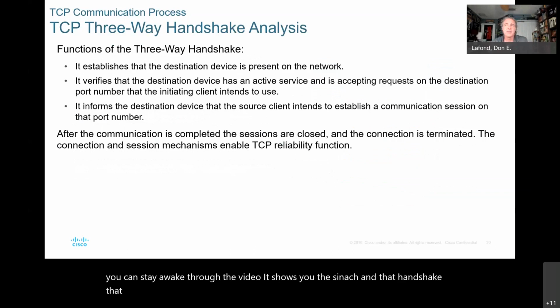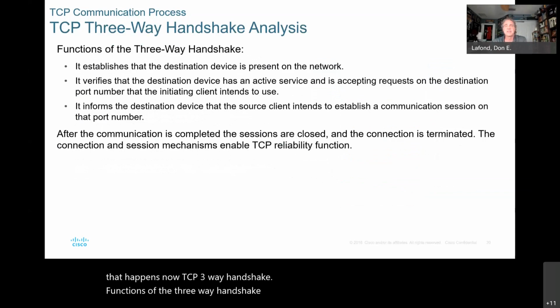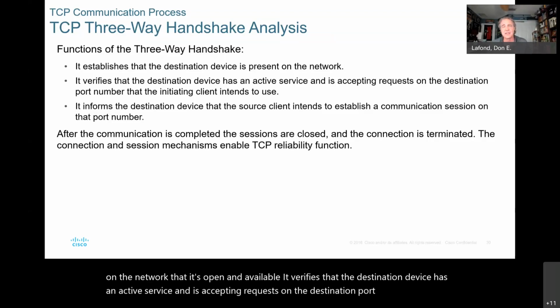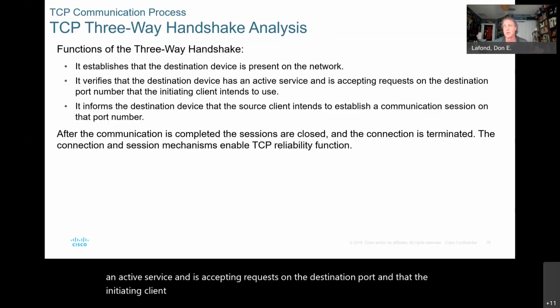Now, the TCP three-way handshake. The functions of the three-way handshake: it establishes that the destination device is present on the network, that it's open and available. It verifies that the destination device has an active service and is accepting requests on the destination port that the initiating client intends to use. So port 21, port 80 is open.